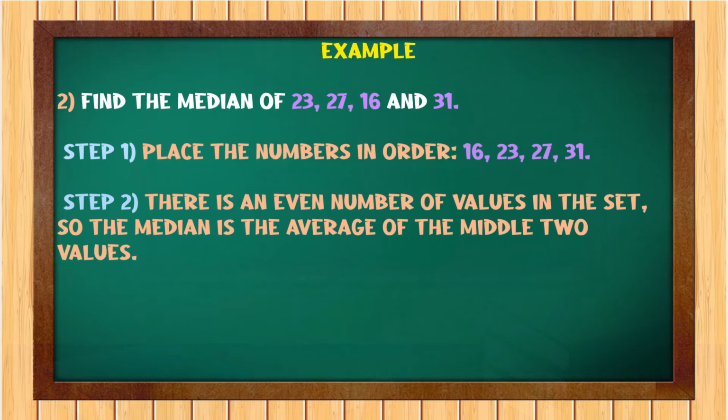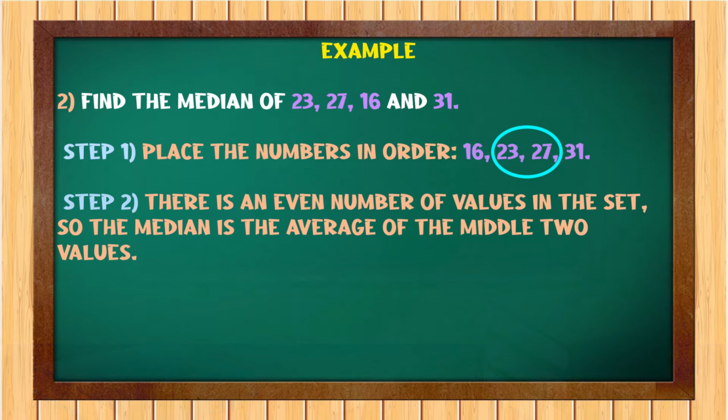Now here we have four numbers in this set. So 4 divided by 2, we know it's 2. So there is no number actually in the middle or no number left by itself. So we have 23 and 27 in the middle.